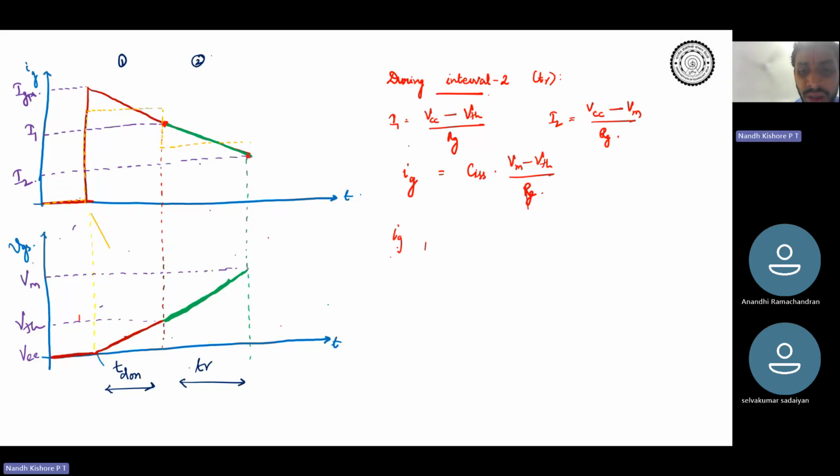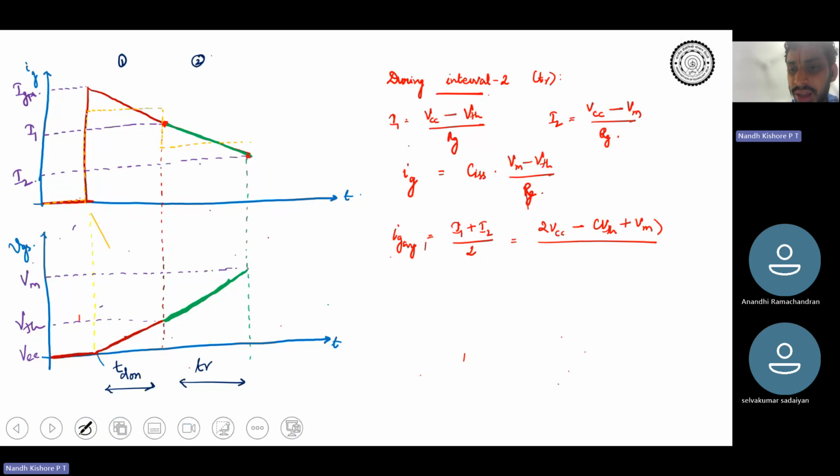Okay. IG average is what? I1 plus I2 divided by 2, right? So 2 VCC minus V threshold minus V Miller divided by RG. Equate these two. We want this answer only, right? So equate these two.